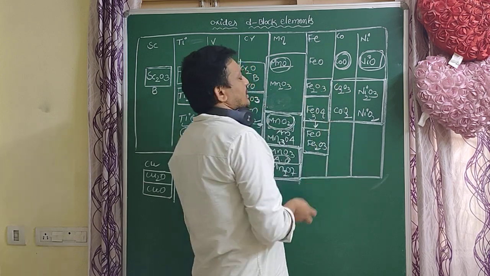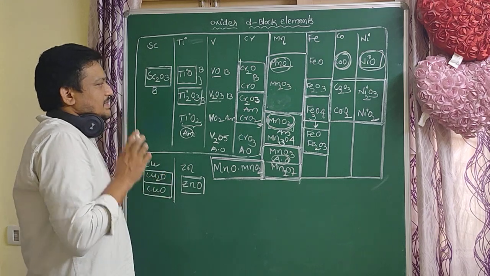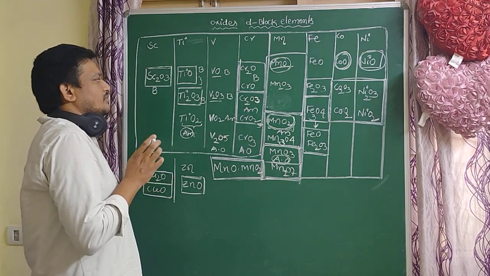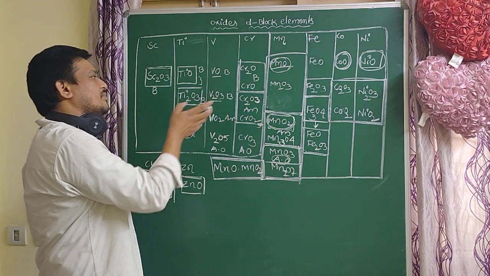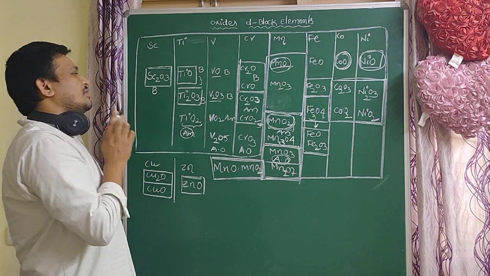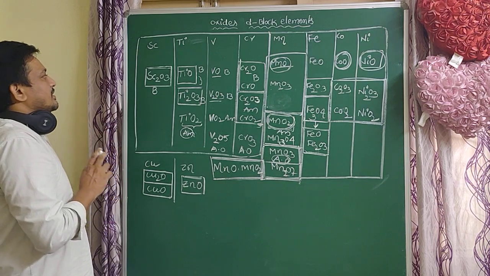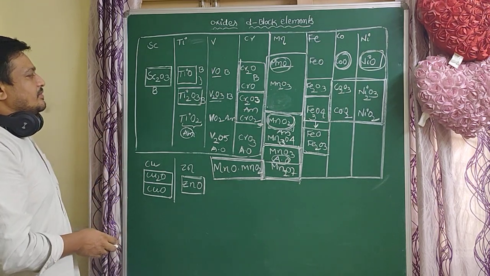In cobalt and nickel, the +3 and +4 states are very unstable; the +2 state is much more stable. The common oxidation number for d block elements is +2, but scandium mostly forms +3. Why? Because after losing 3 electrons, that element gets the inert gas configuration.